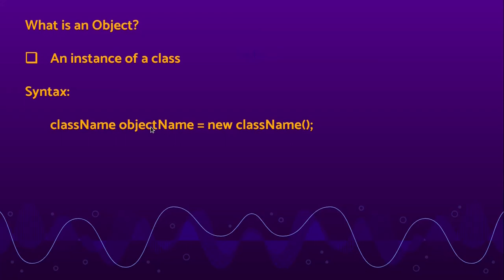Mostly, you just use the lowercase of your class name, but you can give it any name that you want. Then it's an assignment operator, and then you start with the new keyword, then your class name, and then parentheses. That's how you create your object.